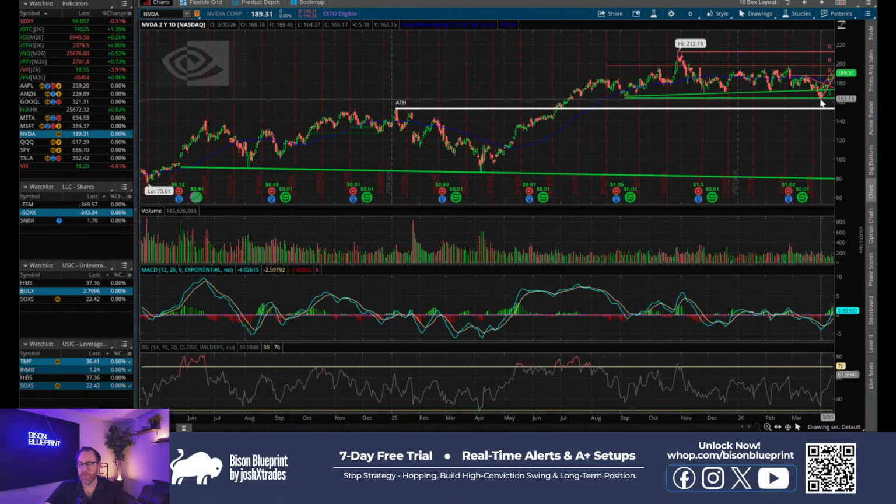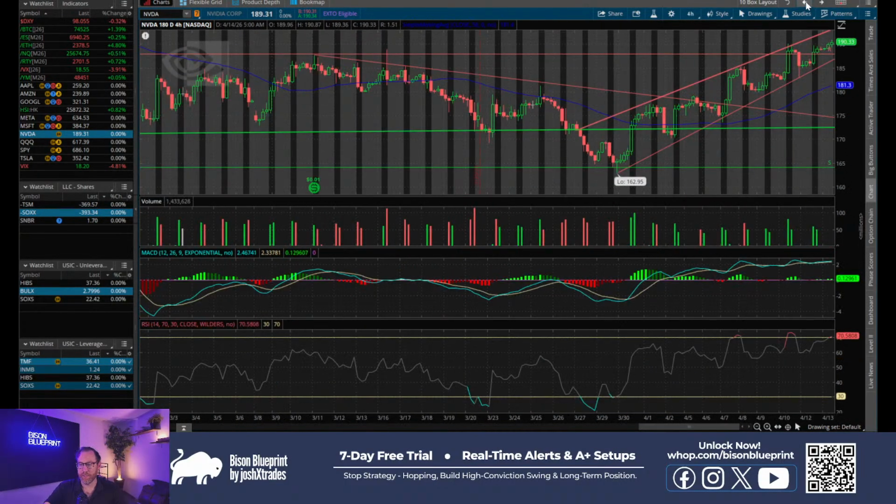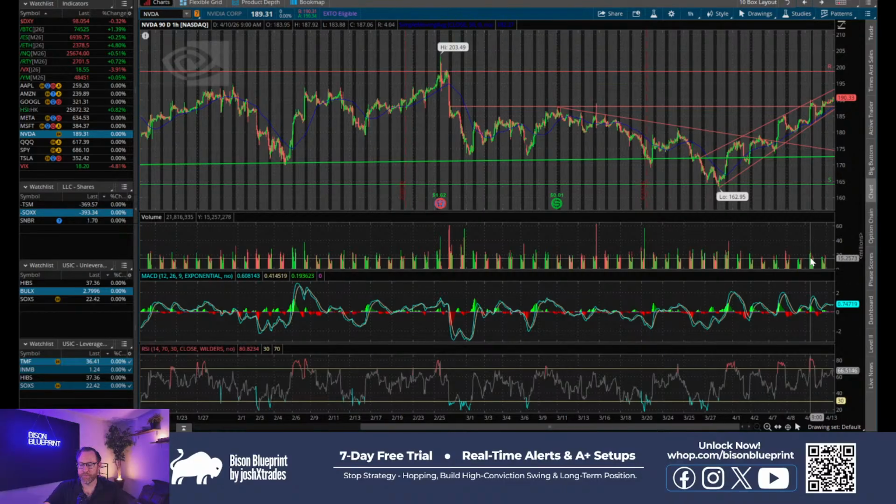NVIDIA, same thing, was right at its bearish line. 165 was the line in the sand that I had to really make this look bearish, and it dipped its toe and absolutely ripped from there. Just crazy rips on these names. But as you can see, not a ton of volume on them.